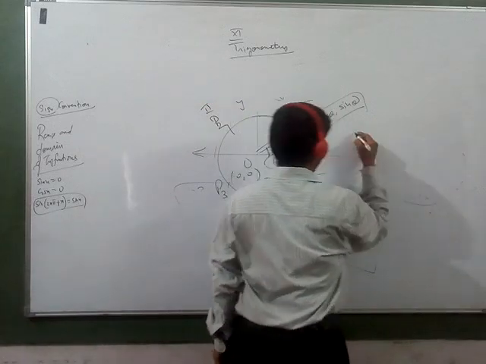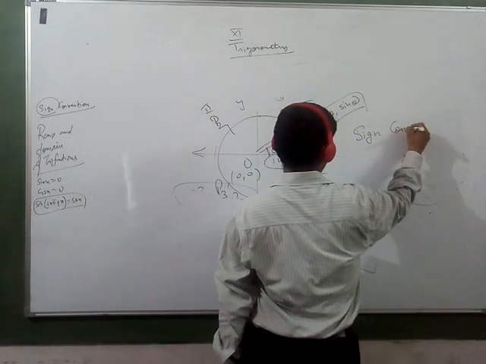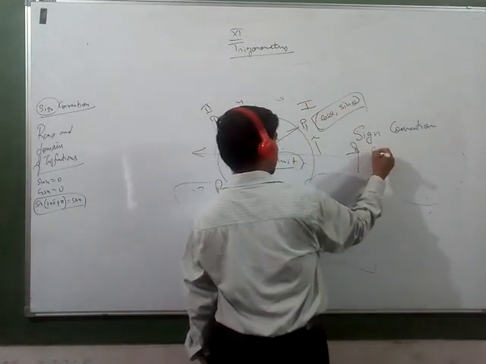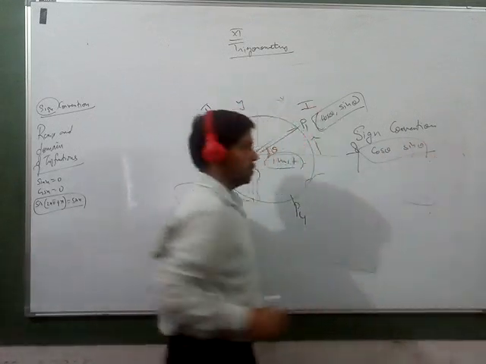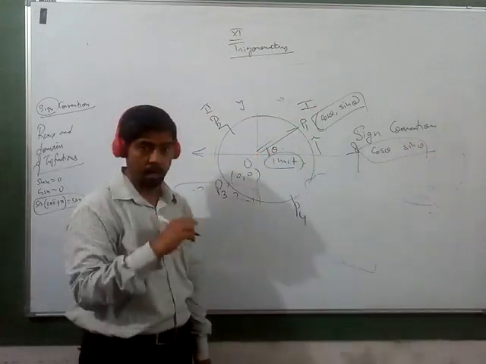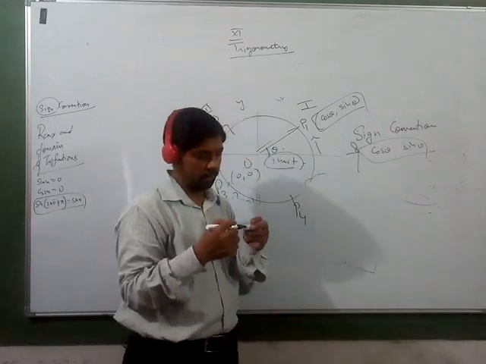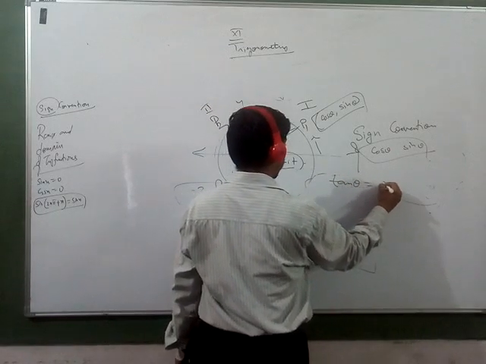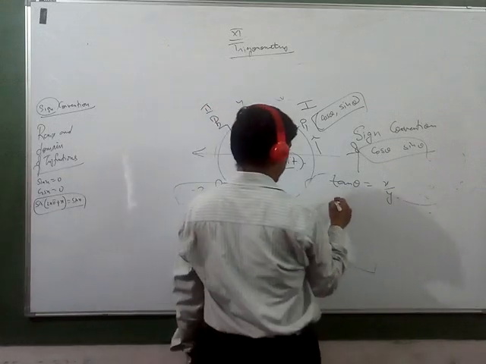So now we are coming on to the sign convention of cos θ and sin θ and other trigonometric ratios. Let me first define what tan θ is here, not the 10th class definition. Now tan θ we are defining as y upon x, that is sin θ upon cos θ. Cot θ, cotangent θ, is x upon y.